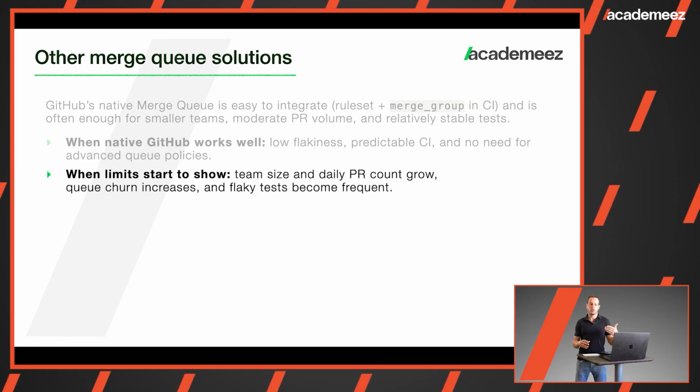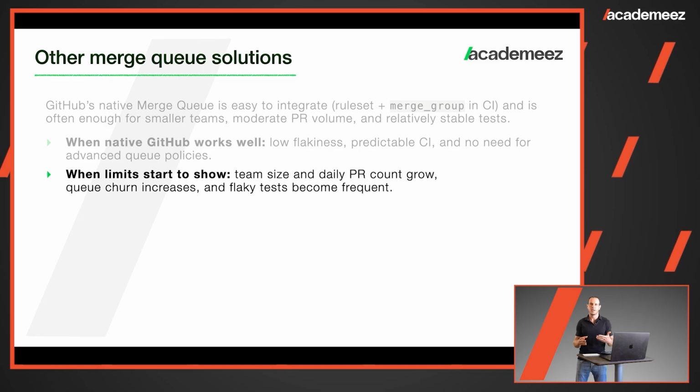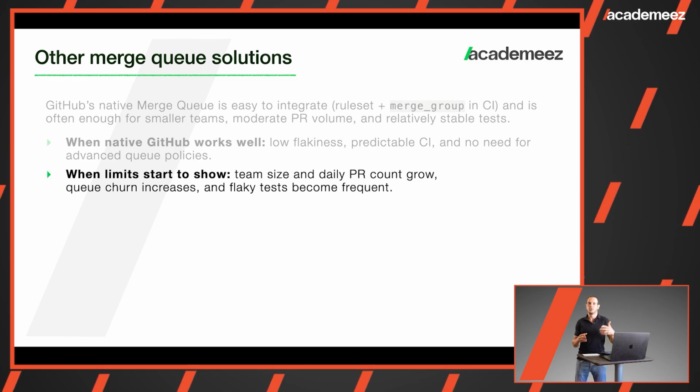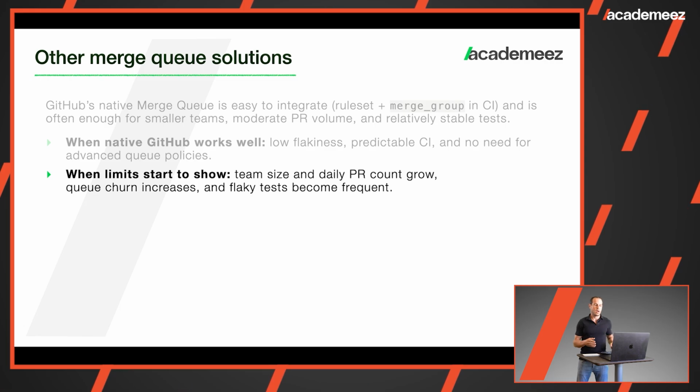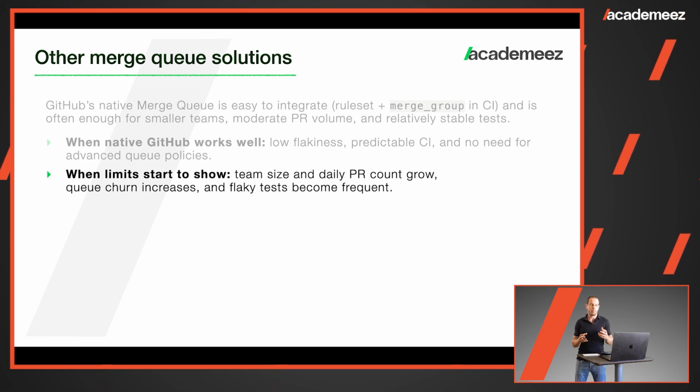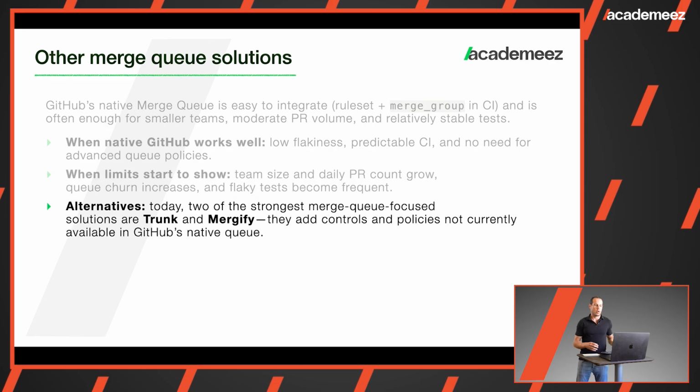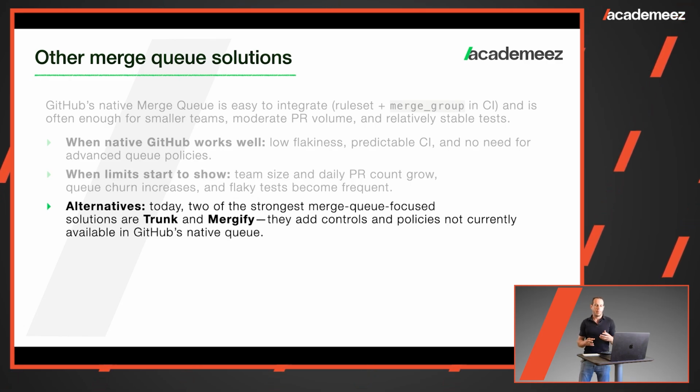However, when the team starts to grow, the daily PR count grows, flakiness becomes higher, and queue churn really increases, GitHub Merge Queue might not be sufficient for you. In that case, you might consider other alternatives.